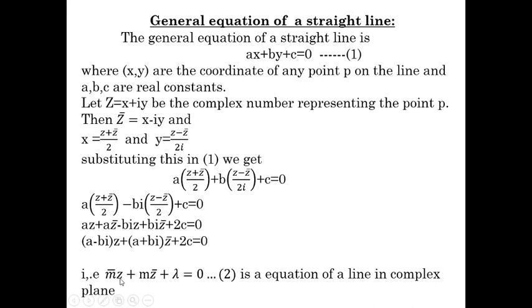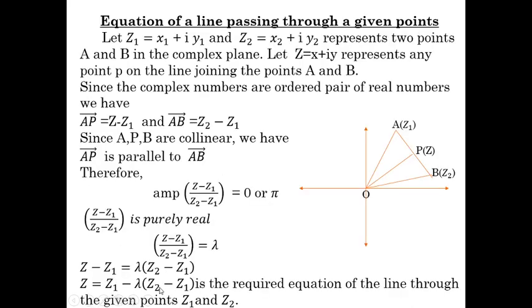Therefore mu bar z + mu z bar + lambda = 0 is called an equation of the straight line in the complex plane, where lambda = 2c and mu = a + bi. Mu bar is nothing but the conjugate of mu. Hence this is an equation of a straight line.